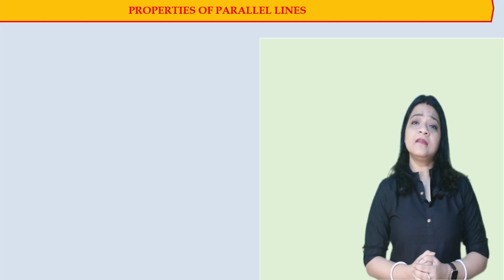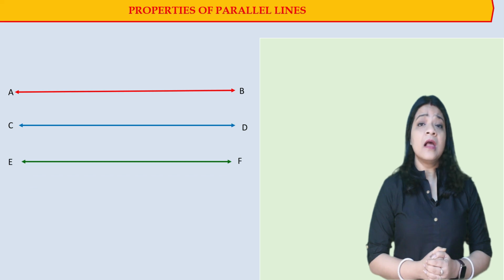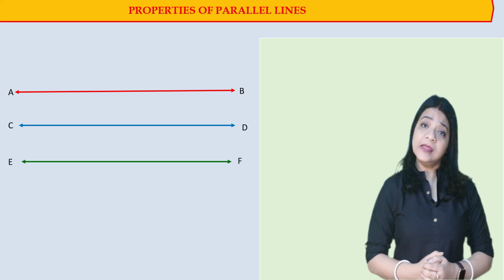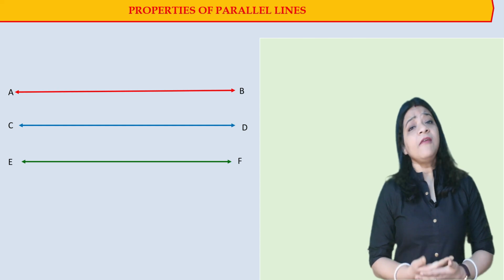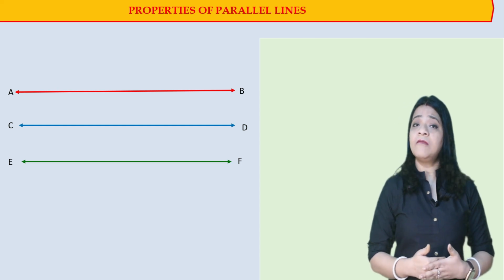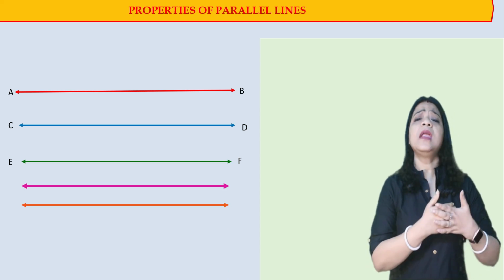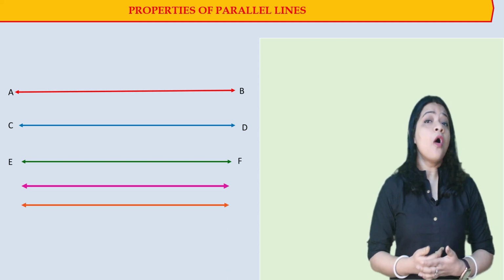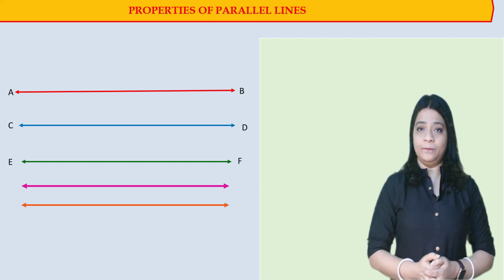The third: suppose AB and CD are two parallel lines. Now you draw another line EF parallel to CD. Evidently this line EF will also be parallel to AB, and in this way if you draw innumerable lines, all of them will be parallel to each other.